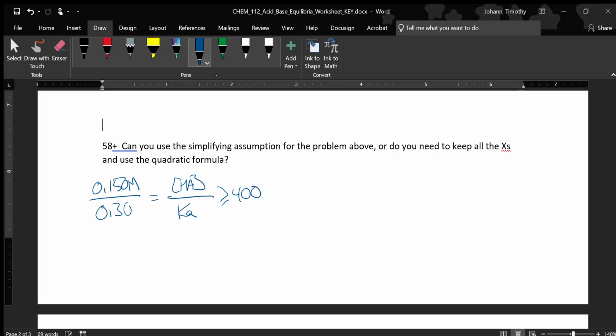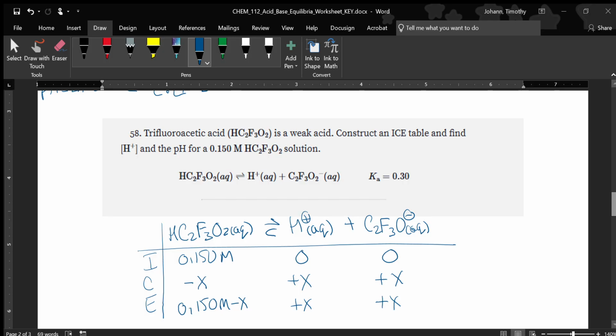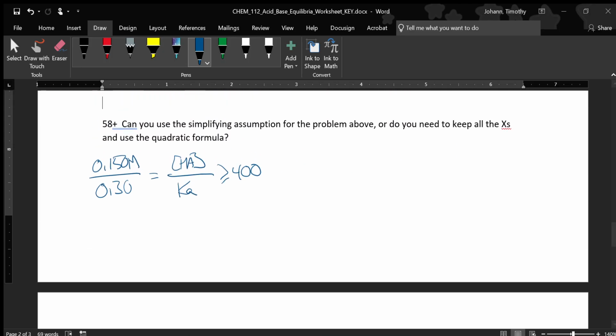Let's make sure I got those right. Okay, and I do. I can put this into my calculator, but what I can tell you is that's 1 over 2. Okay, and 1 over 2 is not greater than 400. It's 1/2. And so we're going to have to do the quadratic formula.